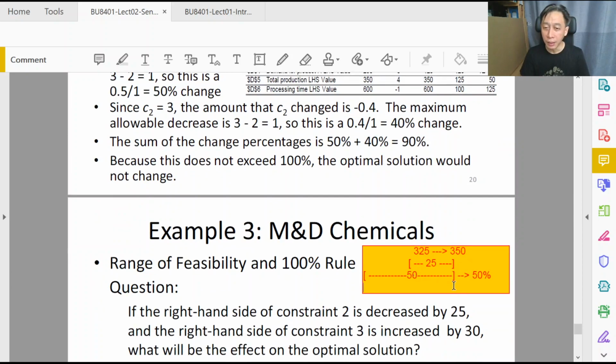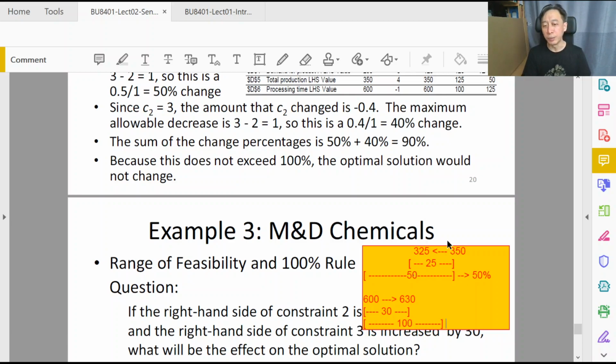Currently 600, and we are proposing to increase to 630. So the increase is 30 units, and the allowable increase is actually 100 units.